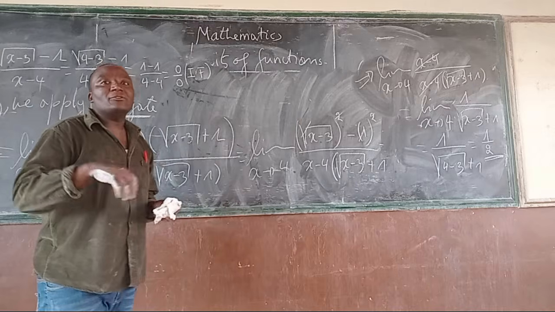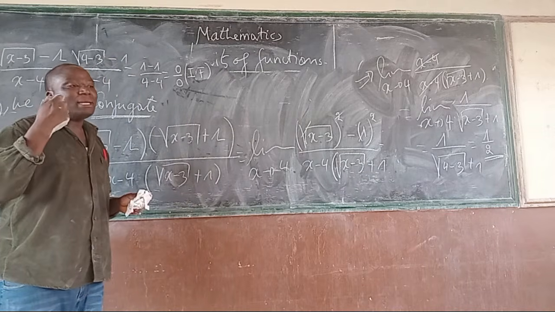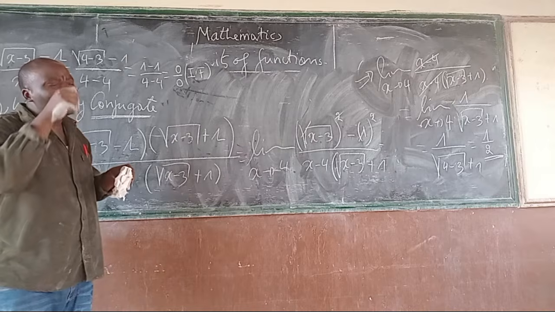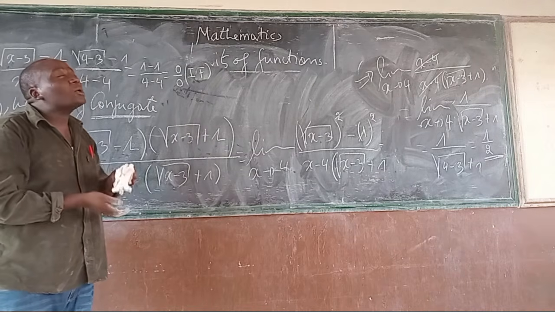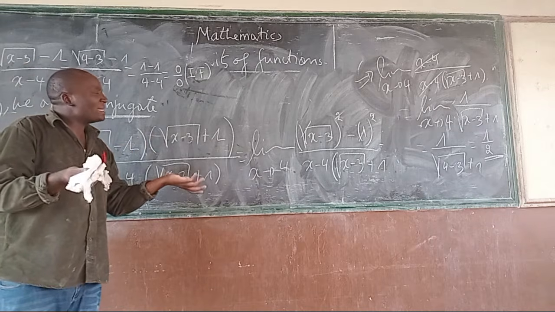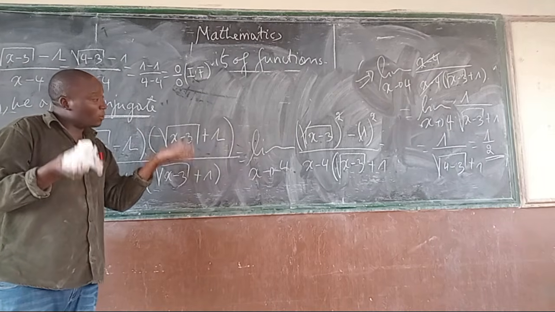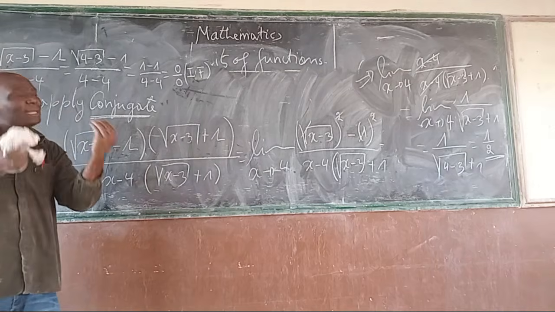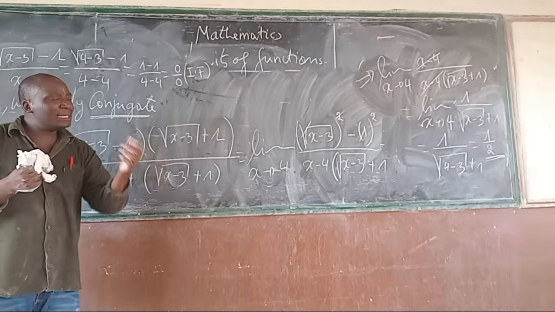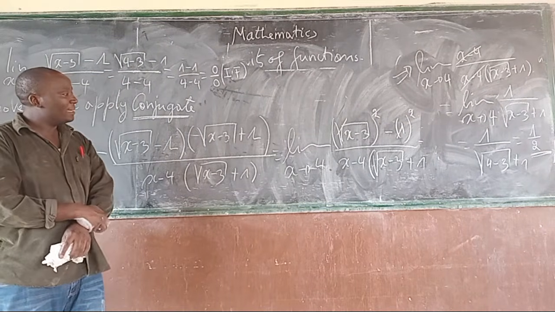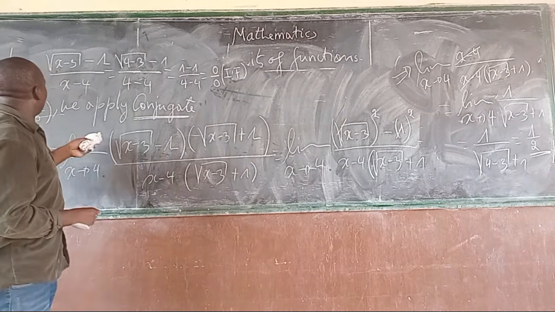For a limit involving indeterminate form, when you meet with those indeterminate forms, let's call them barriers or obstacles. You find the way of rejecting those barriers so that you can get the real limit of your given function.